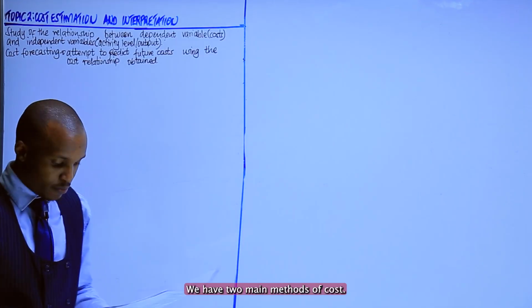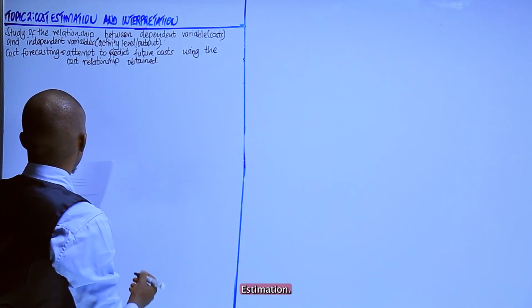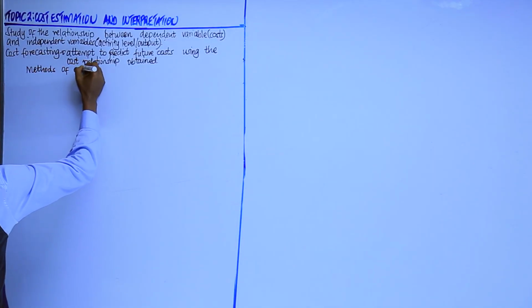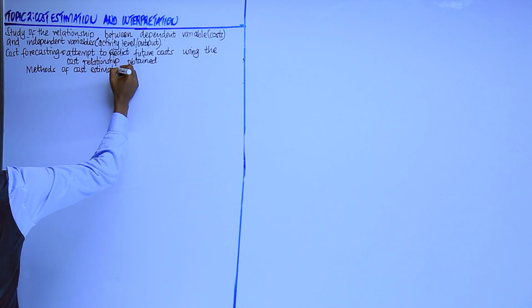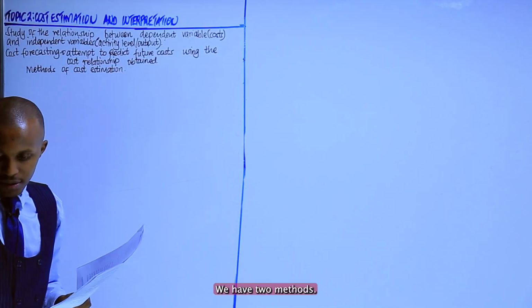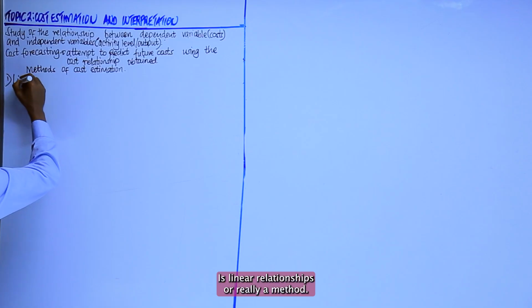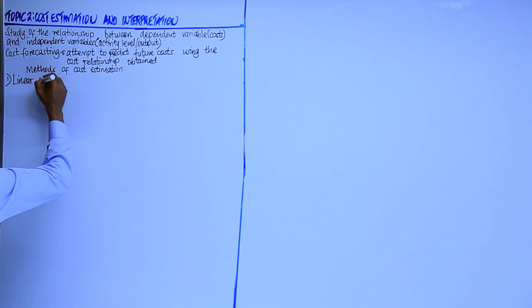We have two main methods of cost estimation. The first method is linear relationships, or linear methods.